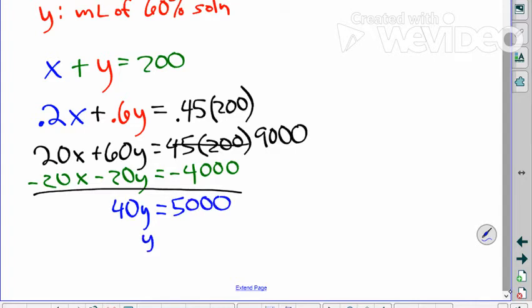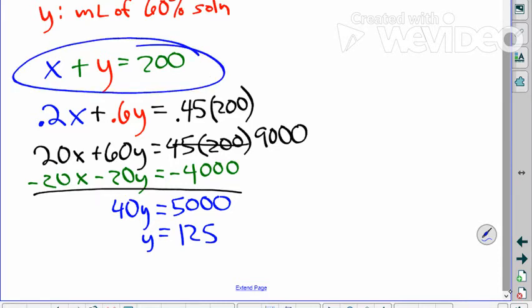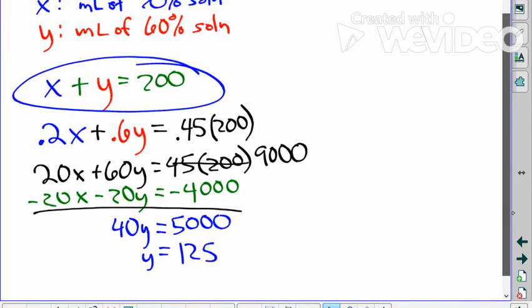And if I divide both sides by 40, I'm going to get 125. That was y. Y, remember, I defined to be my milliliters of the 60% solution. So I have 125 milliliters of the 60% solution, which means the other 75, since I know they have to combine to give me 200, would be the milliliters of the 20% solution.